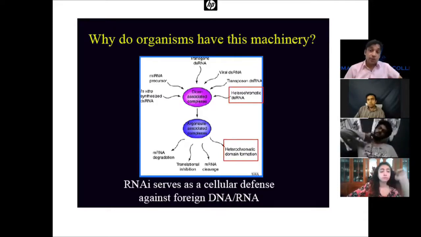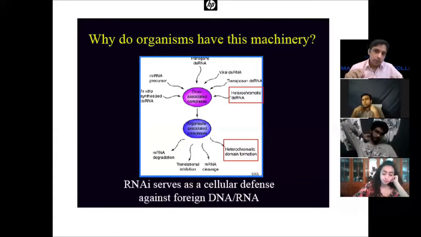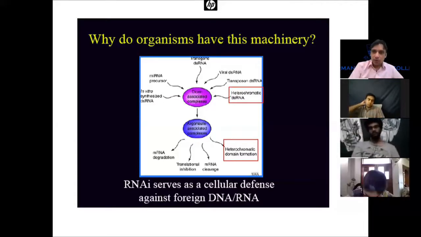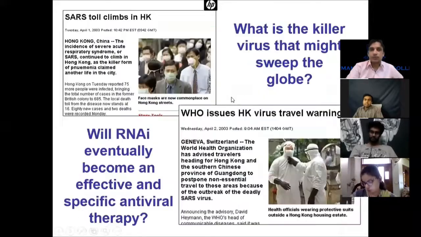It also gives an opportunity for the researchers to use microRNA for therapeutic purposes as well, to use small interfering RNA to dilute the function of a certain gene, to silence or knock down the function of a certain gene. And that is happening as well.